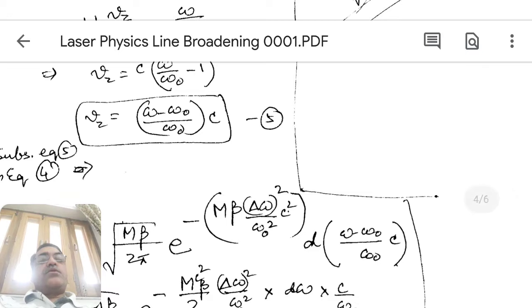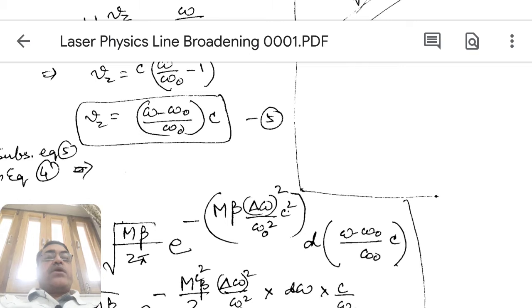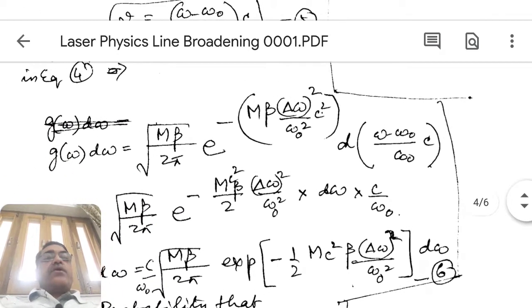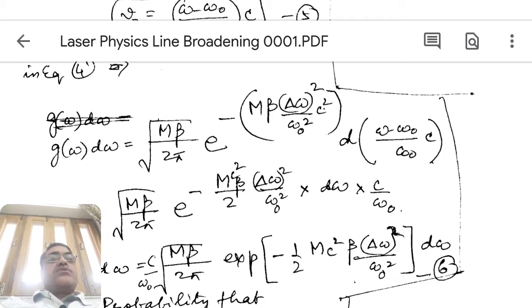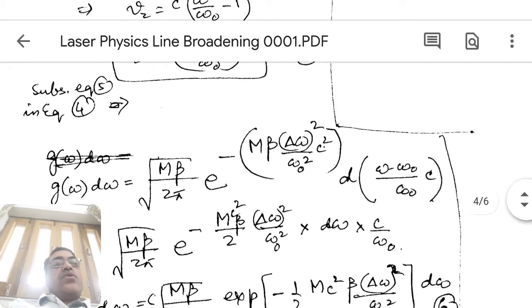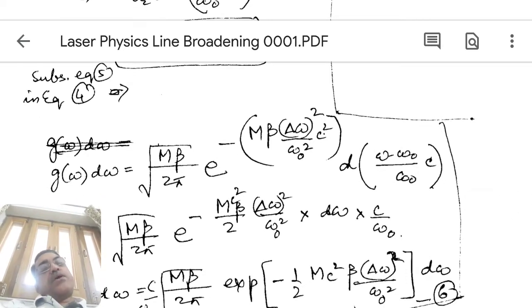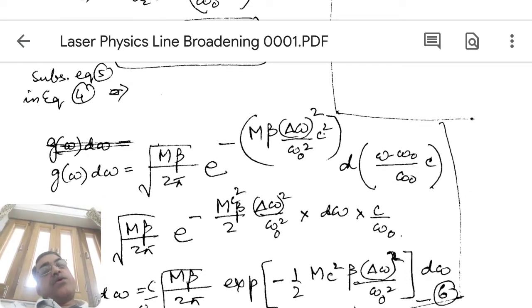So substituting for omega minus omega naught, assuming delta omega, that means the width, I obtain root of m beta by 2 pi exponential minus m beta by omega naught square delta omega square into c square into the derivative of omega minus omega naught by omega naught into c.